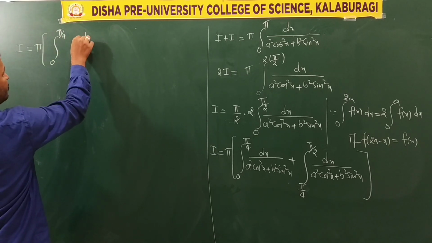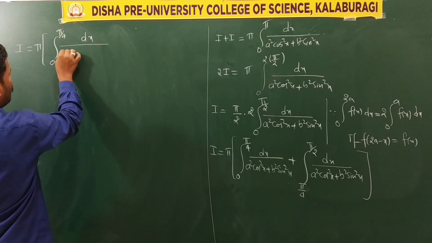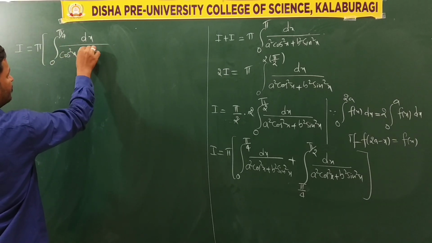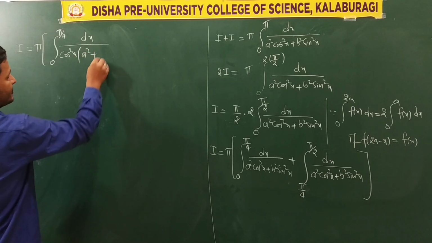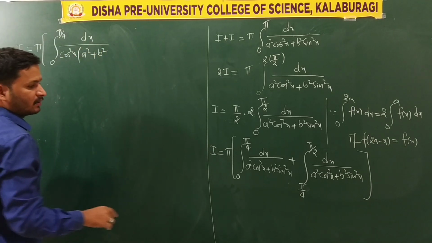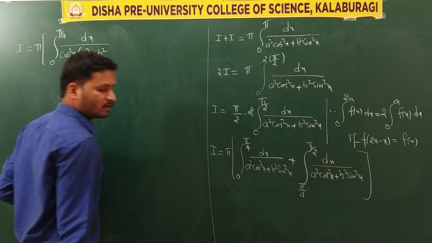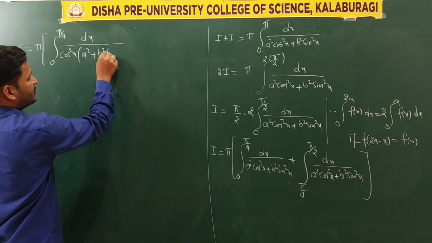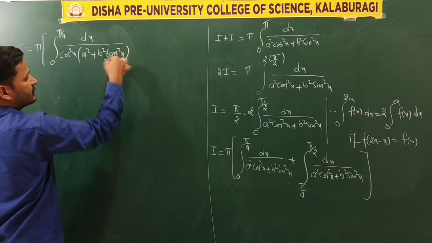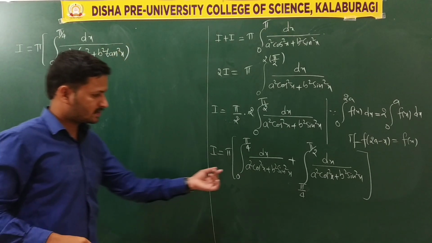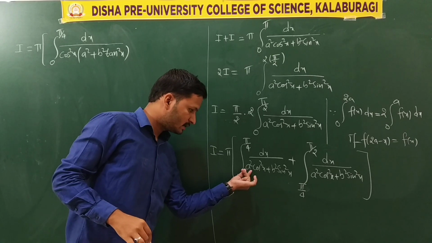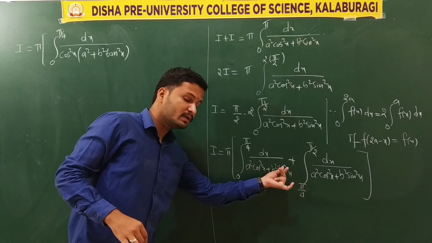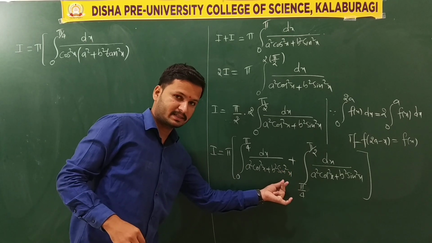On taking cos square x common in the denominator, the remaining is a square plus b square sin square x divided by cos square x. Sin square x divided by cos square x is definitely tan square x.